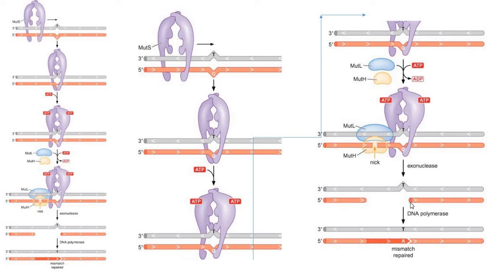Once this has been removed, then DNA polymerase, just like in DNA replication, will fill the gap in the 5 to 3 prime direction. The mismatch has been repaired. Ligase will come and fix the final nick. So this is how it works in E. coli.